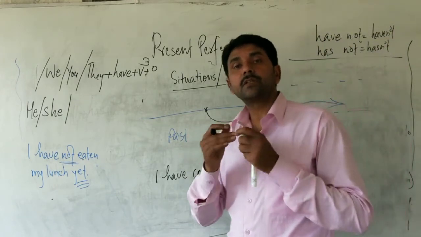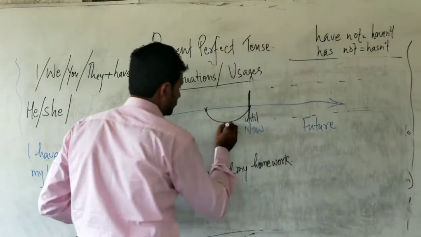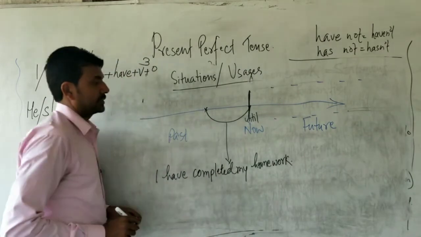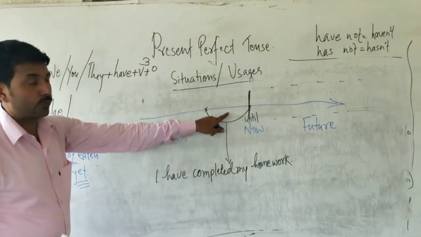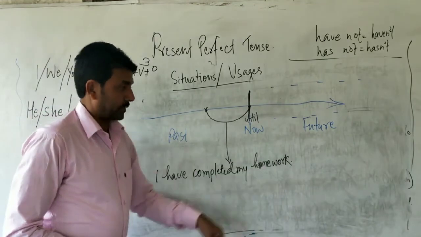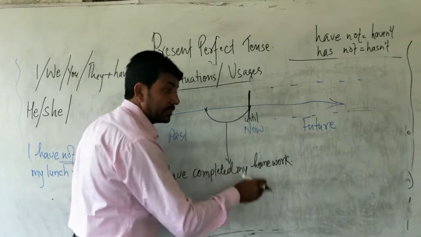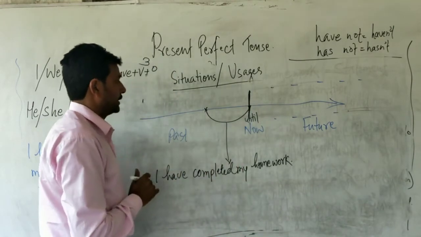The action is completed. We can say this type of sentence will fall here. So, I have completed my homework. You can say I have completed my homework until now. This is the meaning.